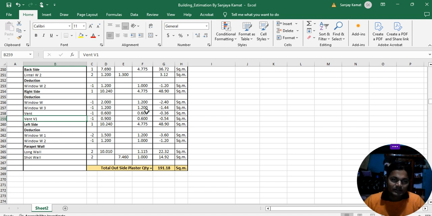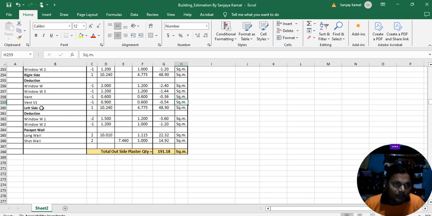After multiplying these three terms for the window W3, how much will you get? Minus 1.44 meter square. Similarly, if you multiply these three terms for ventilation 1, you will get minus 0.36 meter square. And if you multiply these three terms for ventilation 2, how much will you get? Minus 0.54 meter square.